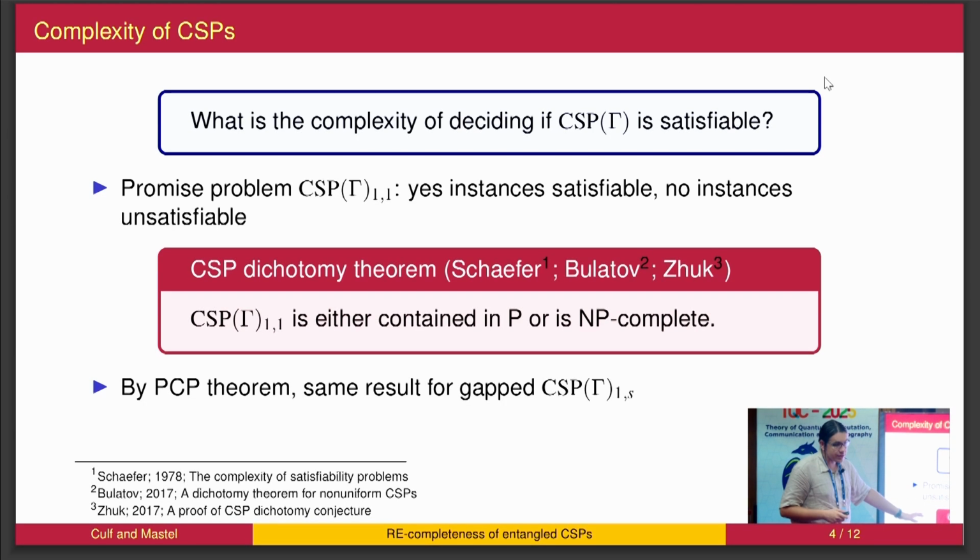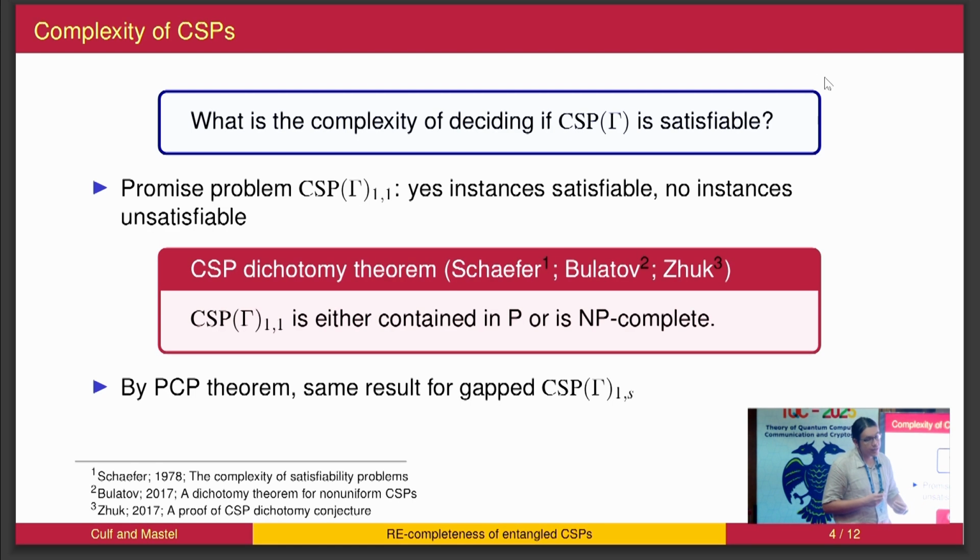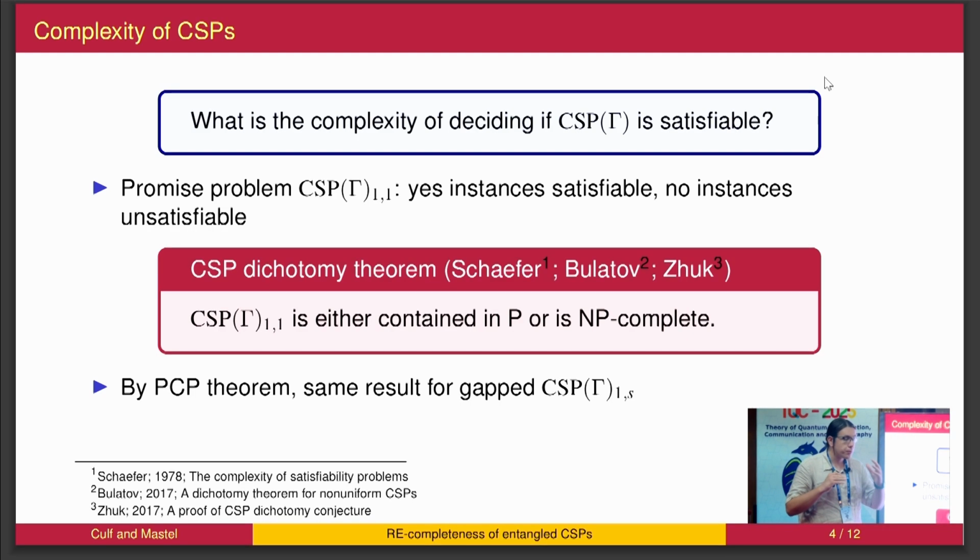You can generalize these results a bit to gapped versions of problems, where you have a promise that if you're given a non-satisfiable instance, only a certain fraction of the constraints will be able to be satisfied at once by a given assignment, and this has the same complexity due to the PCP theorem.